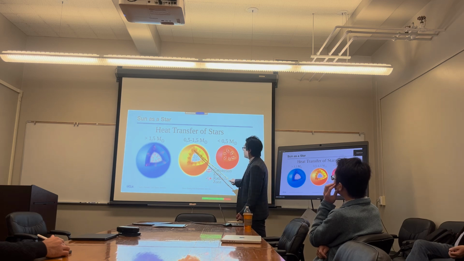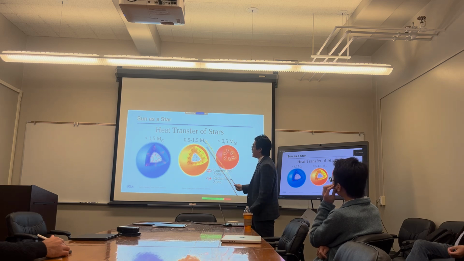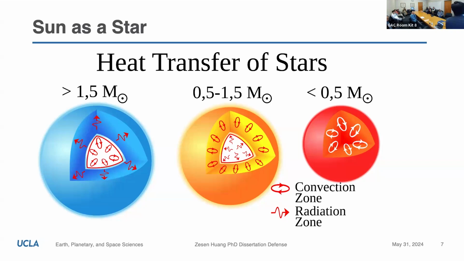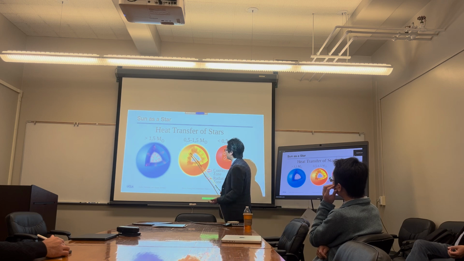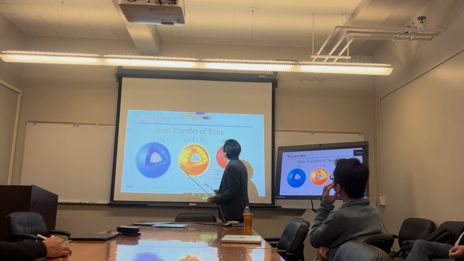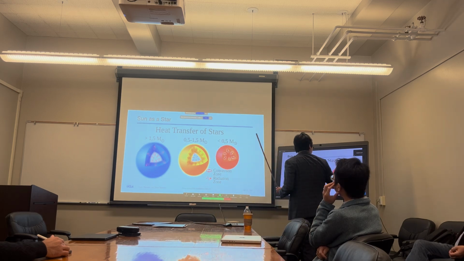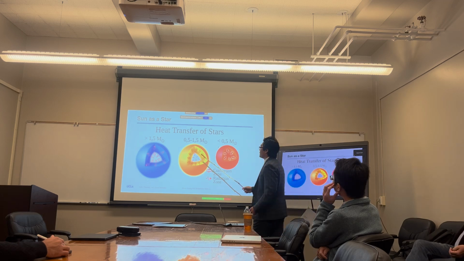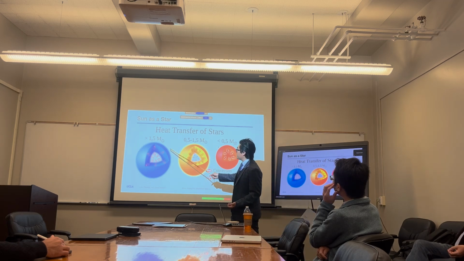And then you have a convection zone from 0.7 solar radii to the solar surface. If the star is more massive, the convective zone will be reversed and be put inside the star. However, some claim that the convection zone doesn't exist at all. And the outer layer of the star will be the radiation zone.